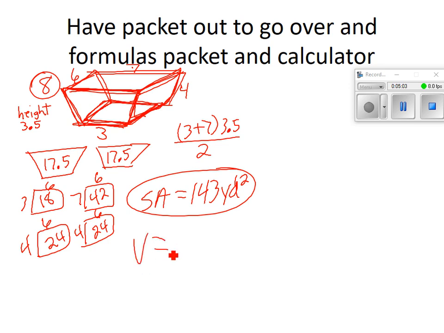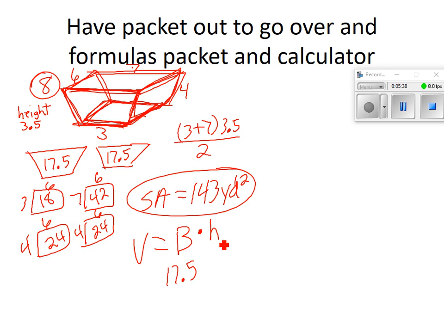Volume. How do we find the volume? Big B, which is the area of the base of the entire prism, right? What shape was the base of this prism? A trapezoid. And we want the area of the trapezoid. Did we find that? It was 17.5. Times the height of the entire prism.